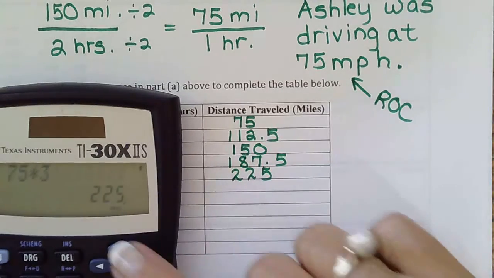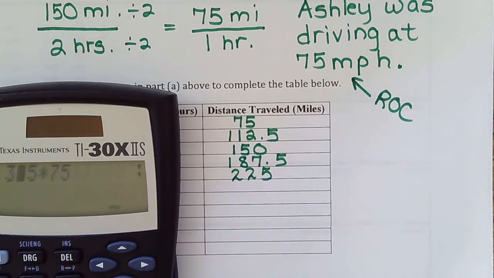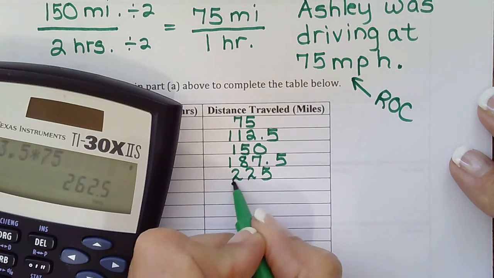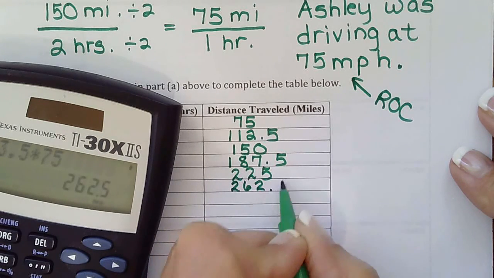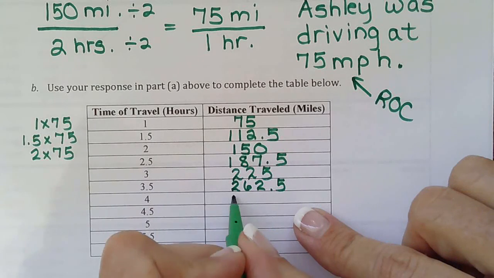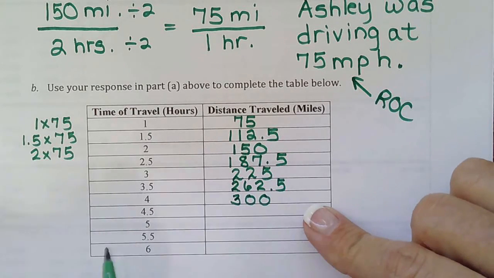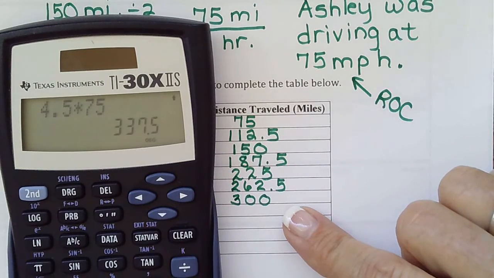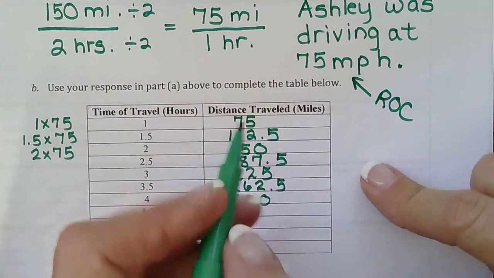Okay, so let's go ahead and change that to 3. 262.5. 75 times 4 is 300. And change that to a 4. And 337.5.